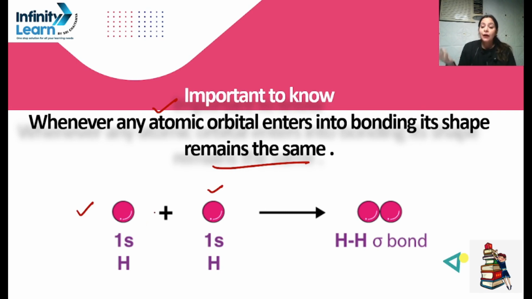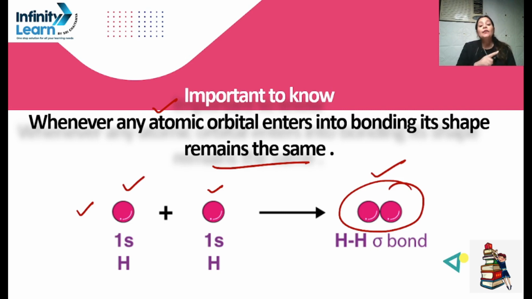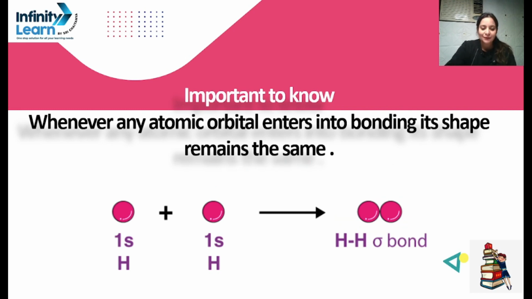So before bonding its shape is the same, and after bonding also you can see the shape is the same. You need to remember this. You can just pause the video right here and note it down that whenever bonding occurs, the atomic orbitals which enter into bonding, their shape remains the same. It is very important to note this.